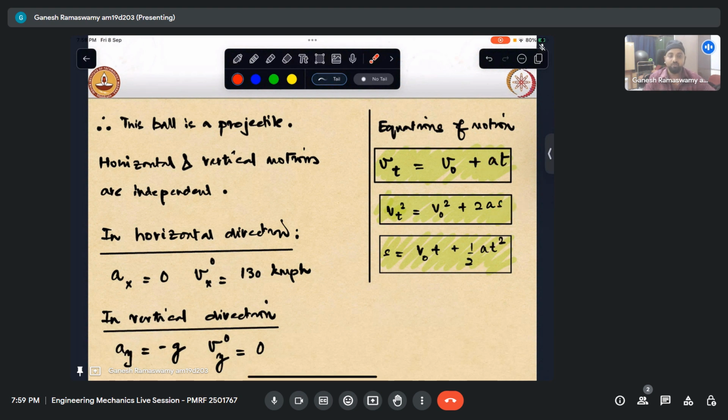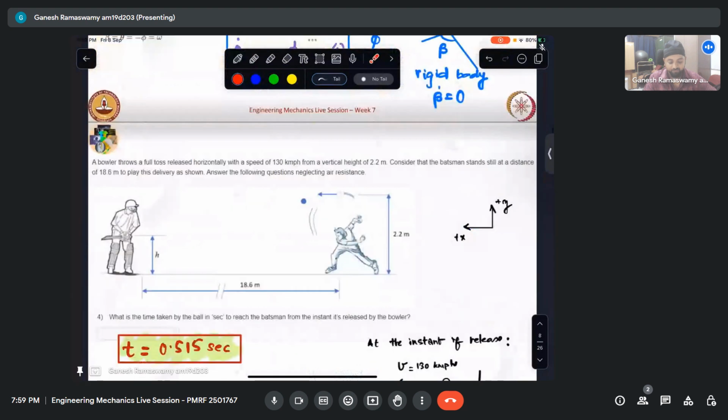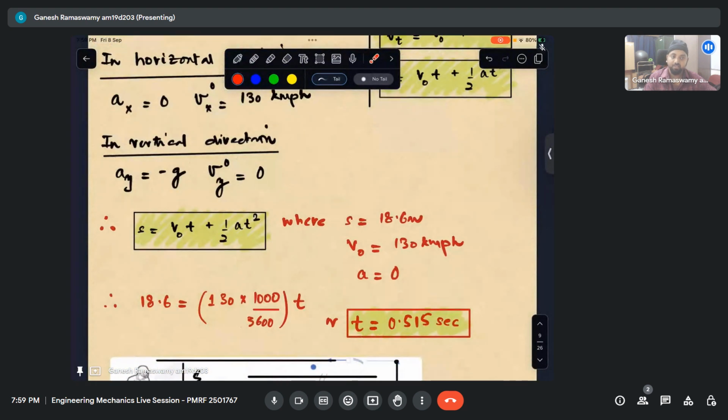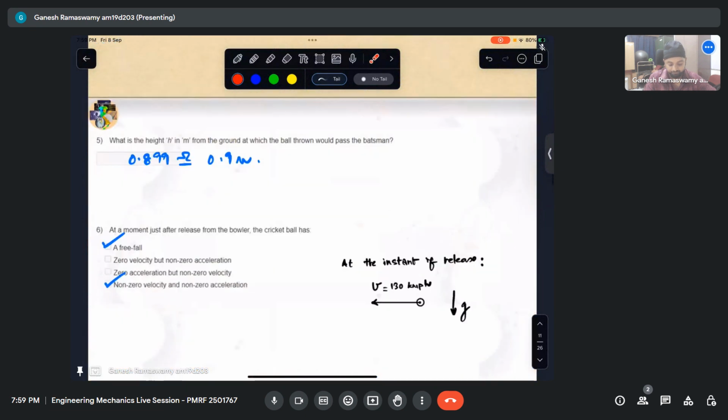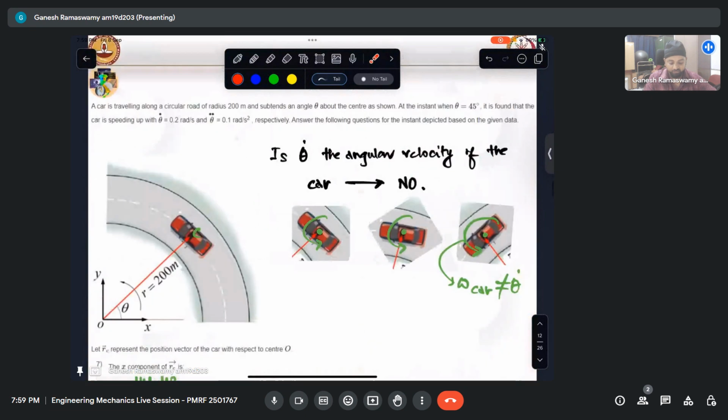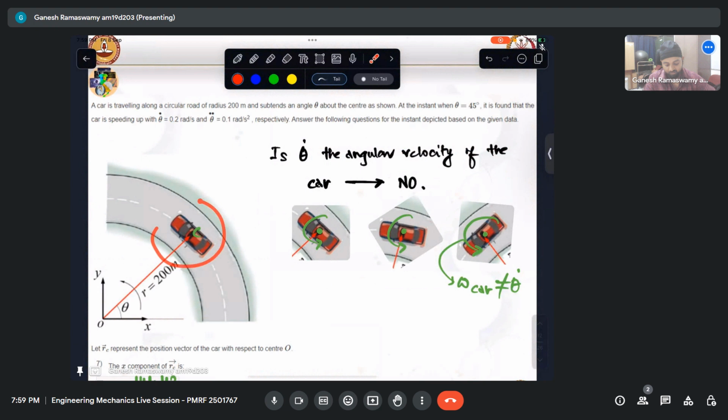Then we saw projectile motion, and then how to scribe a line on a rigid body and note its angular velocity, followed by our example of a car going on a circular path that we observe from some point. We saw its velocity and acceleration, and we clearly noted that theta dot, the time rate of change of theta, is not the angular velocity of the car.